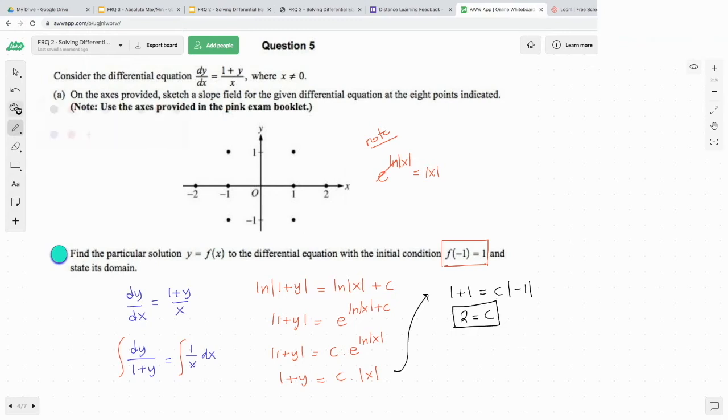Then we can just write our solution, 1 plus y equals 2 times absolute value of x. So y is going to be 2 absolute value of x minus 1 when x is less than 0, as you guys can see here. So x is a negative number. Or you can just say that this is negative 2x minus 1 when x is less than 0. Both are okay.